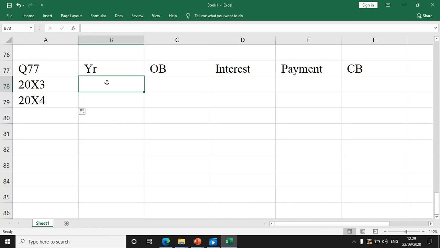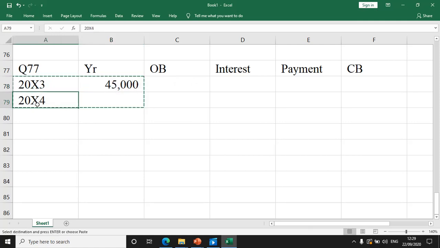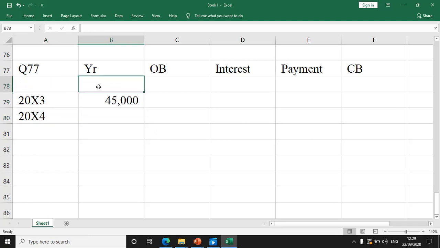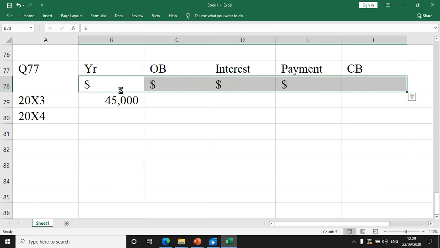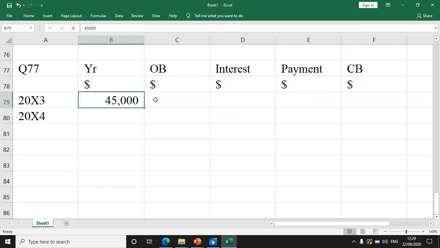So we are told the starting balance, the minimum lease payment, is that amount. Maybe for the sake of order, you may want to put a $ sign on top there so that you have your figures there.